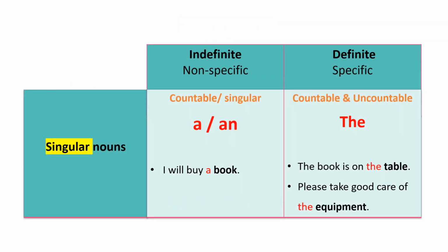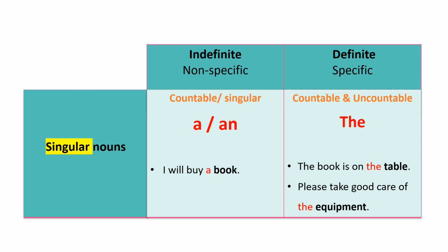Singular nouns. Indefinite, non-specific. Countable, singular. Use a or an. For example, I will buy a book. Book is countable and singular. B is a consonant.